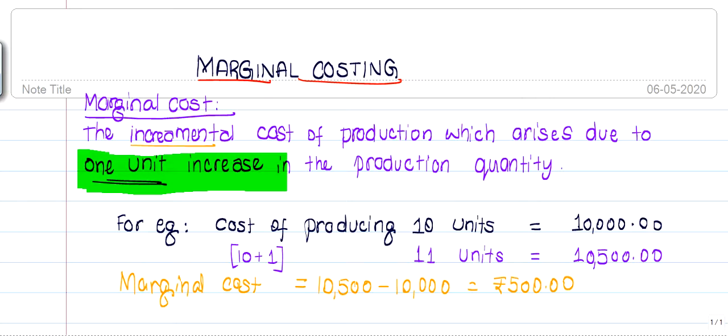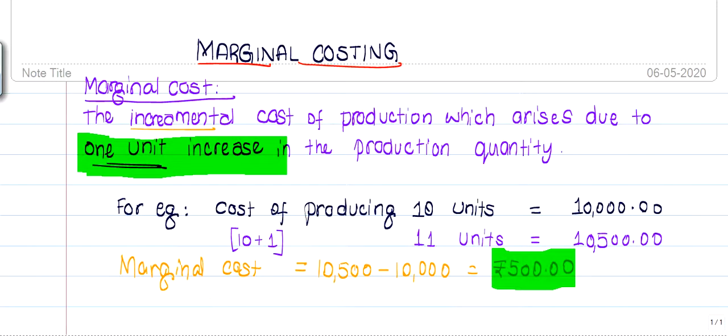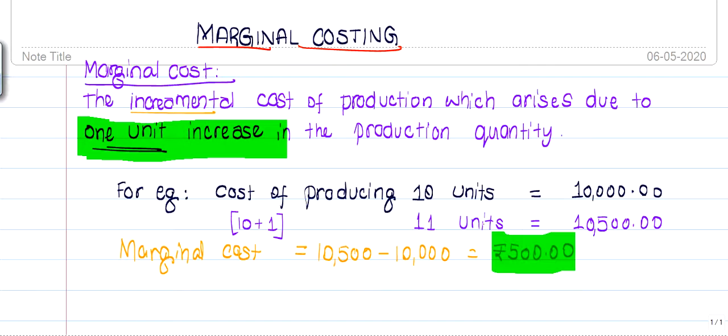So 500 is the marginal cost. You may have a doubt: for 10 units the cost of production is rupees 10,000, for 11 units 10,500. Why only 500 increased? It should have been 11,000.